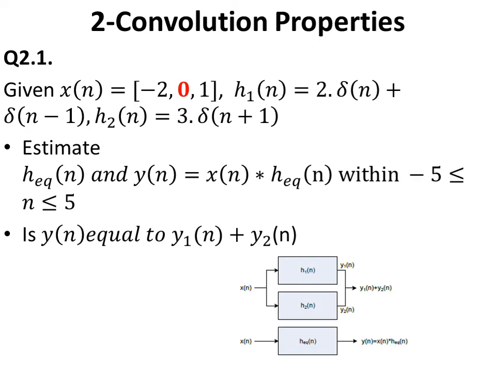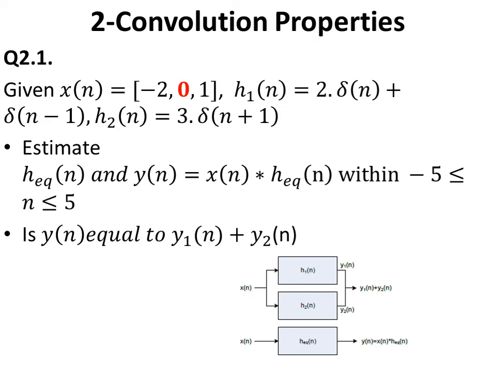Then h2[n], that is also given as a weighted sum of shifted unit impulses. Again, if you want to find out h1[n] and h2[n] in terms of the values of n, that means what is the value of h[n] when n is equal to 0, when n is equal to 1. Likewise you can find out.